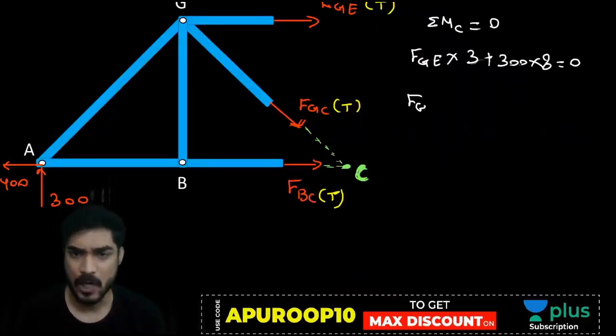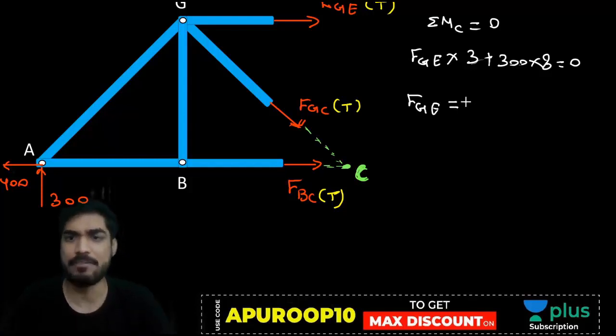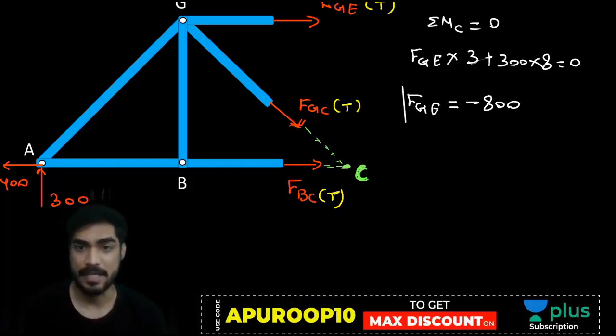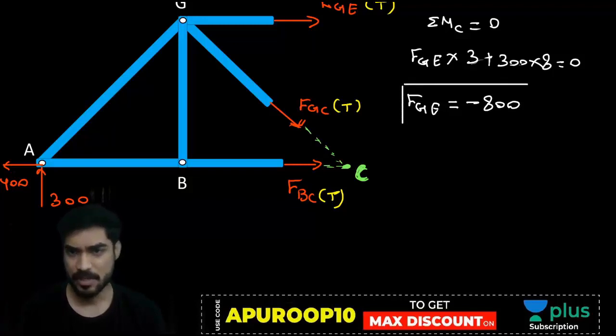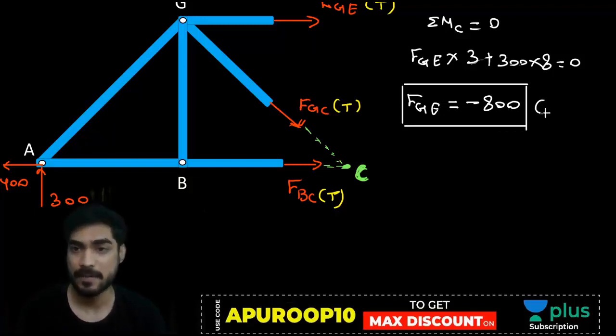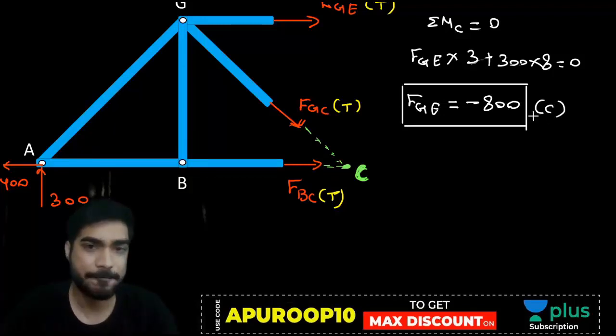So how much FGE will you get? FGE is minus 800, and the negative sign means compression, since I had assumed tension.